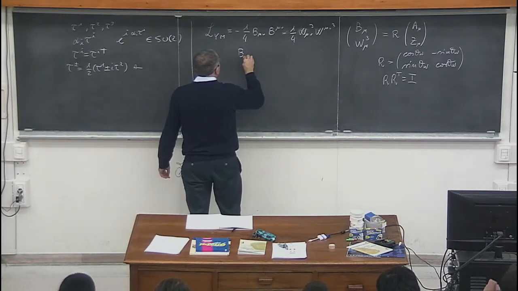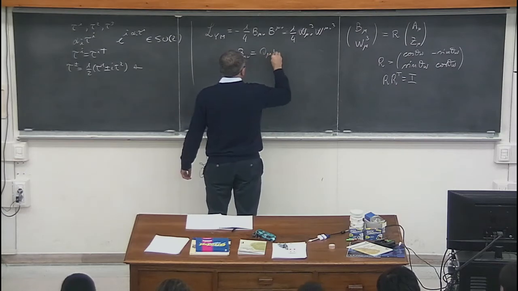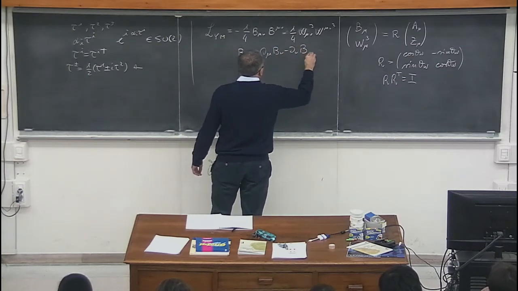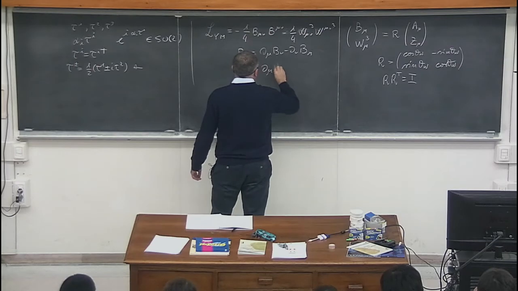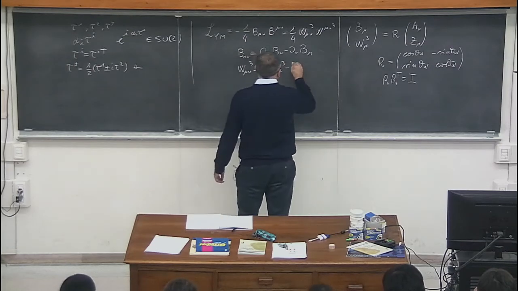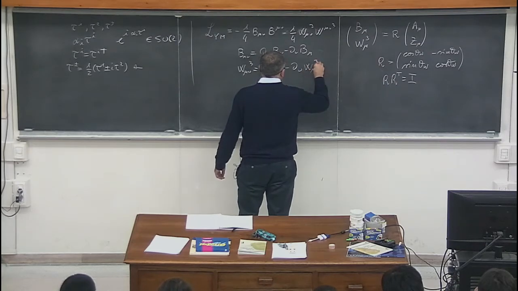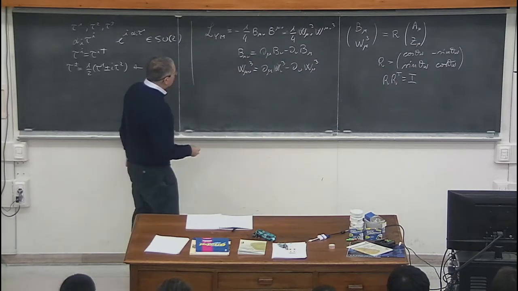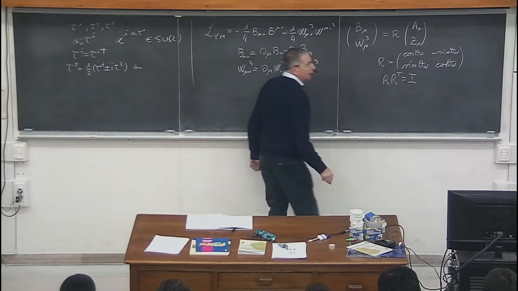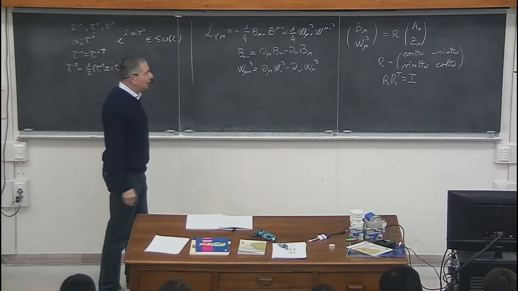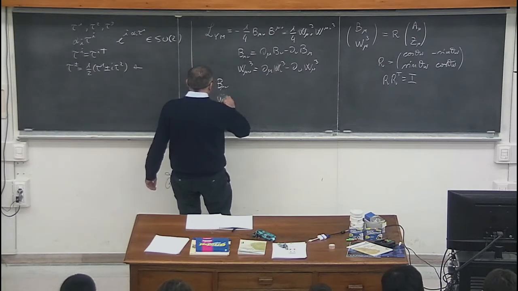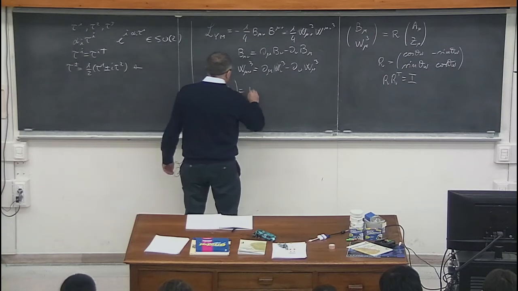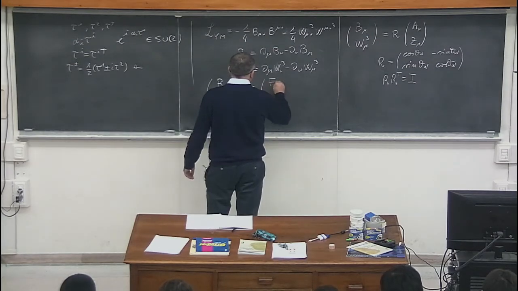Where B mu nu is equal to, and of course, since the parameter theta W, which appears in R, is a constant parameter, not x dependent, you have that B mu nu, W mu nu 3 is equal to R times F mu nu, Z mu nu, where.